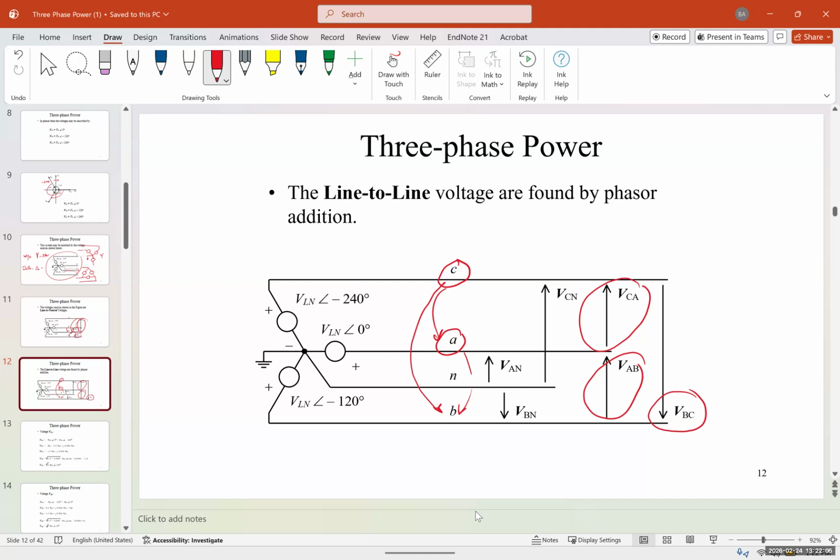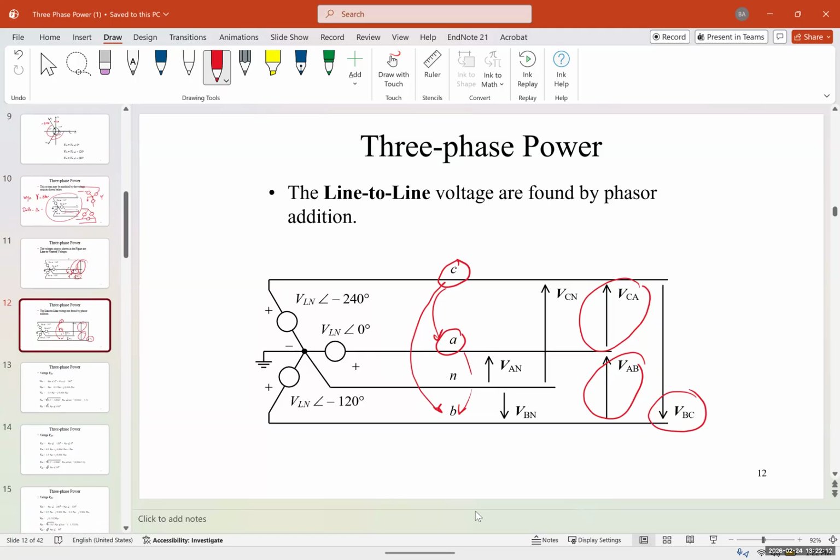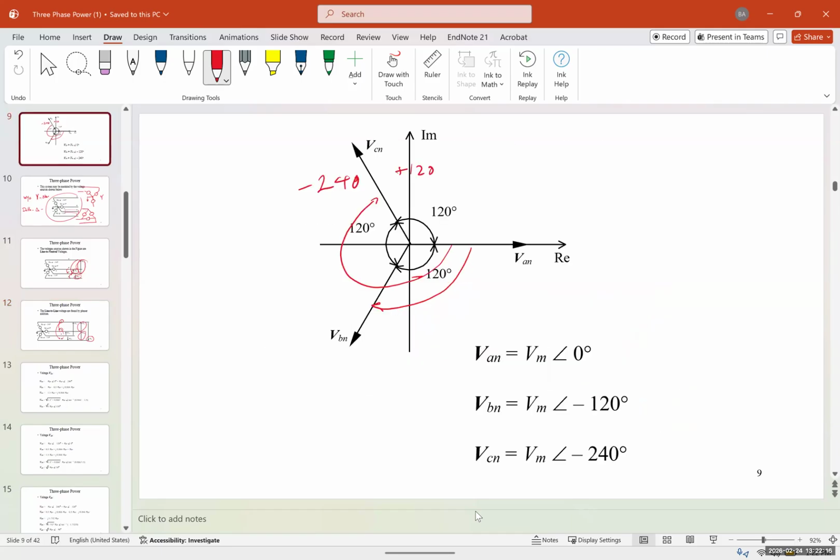Now let's calculate and see how we can find the line to line voltage. There are a couple of ways that we can do it. We can use this graph and easily find the line to line voltage. Let's go one step back to, I don't know, maybe your high school math.